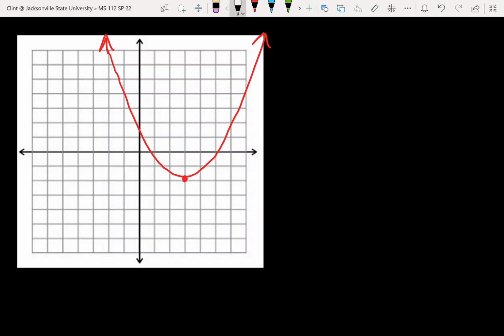So question number 1. Where's our vertex? I want it to be this point right here. I'm not the best at drawing on here.